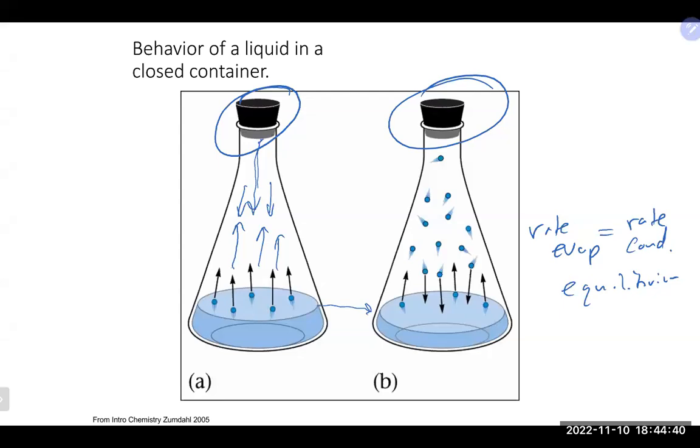Just as fast as you lose a little, it comes back. Whether it's molarity, pressure, or in this case volume, it will be maintained because they're just switching places. You get no net gain in either direction, and that's what equilibrium refers to.